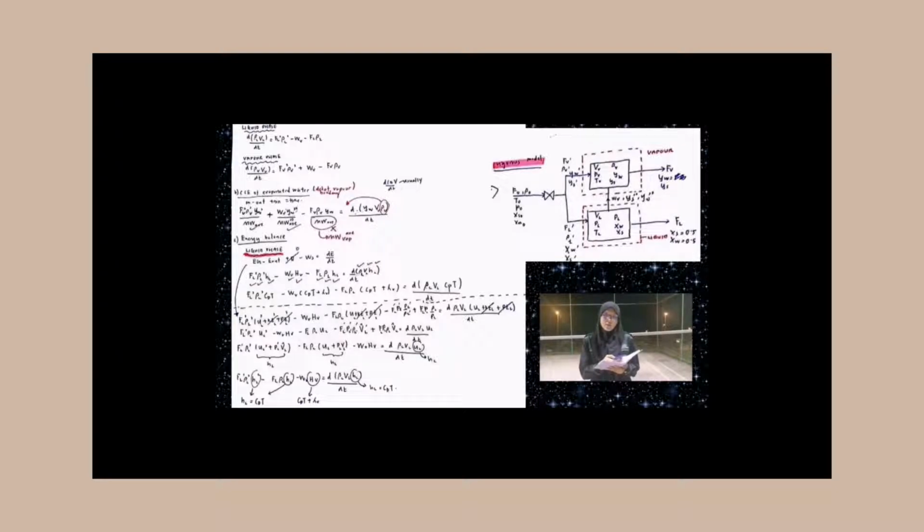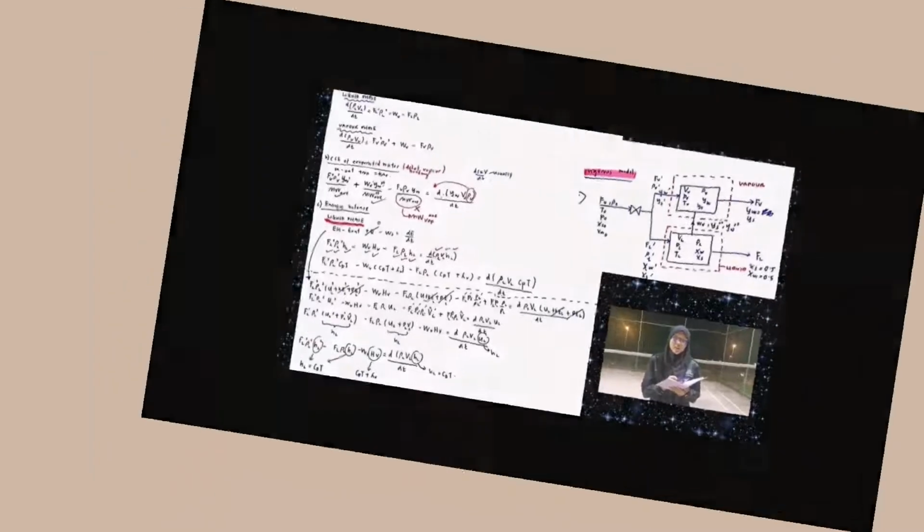We can also substitute the values. We know that HL equals CPT and HV equals CPT plus lambda V. So we substitute into the equation, and we can see the final answer. We substitute again into the equation.